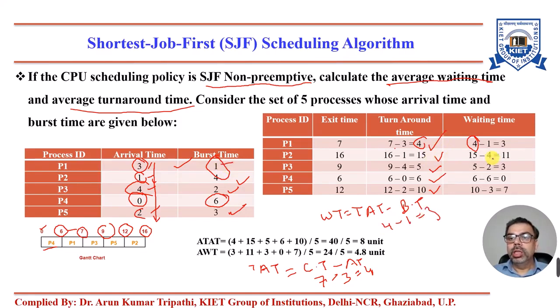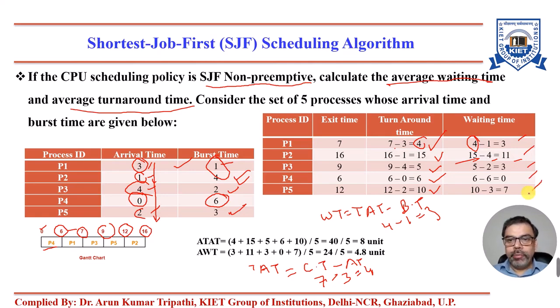Similarly for the process P2, 15 minus burst time 4, that is 11. For the process P3, turnaround time 5 minus its burst time 2. For the process P4, 6 minus 6 and so on. In this way we can calculate the waiting time for each process.